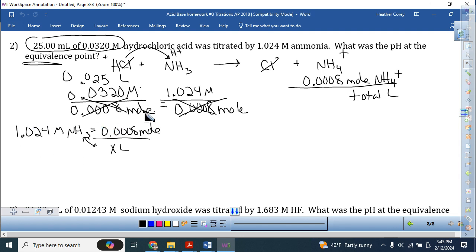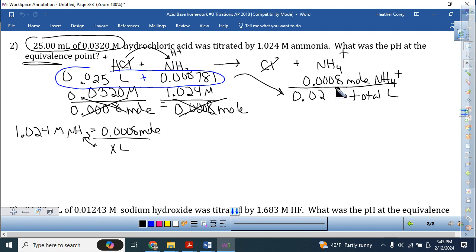This is all for ammonia. And the liters of ammonia, it's 0.000781. So this right here is the total volume when you add these up. And this gives me a total volume of 0.02578, which equals 0.0310 molar NH4 plus.